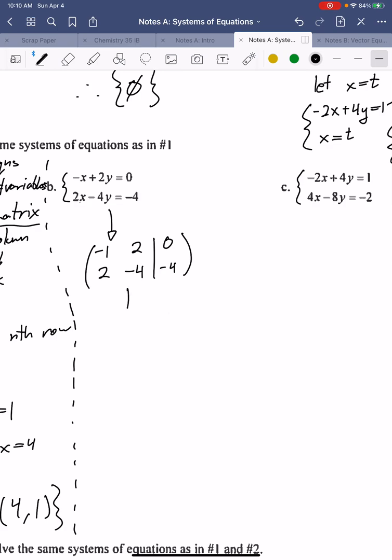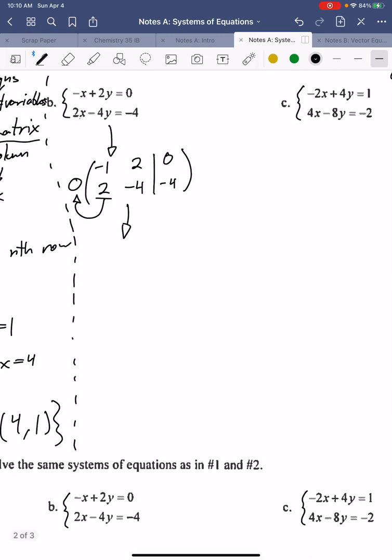Then we want to do row operations to turn this part into 0. Well, how do we do that? It's pretty simple. We can do the same thing as we did before, and take the second row and add it 2 times the first row.